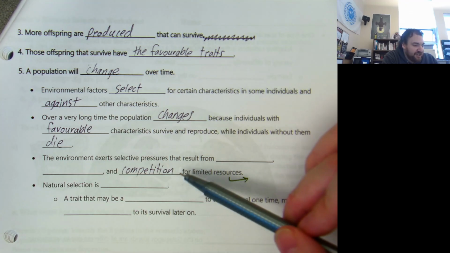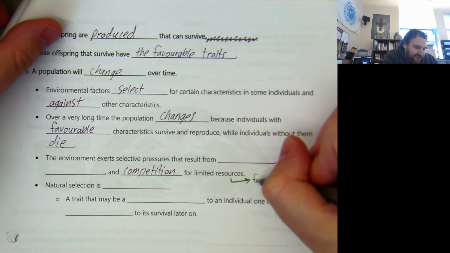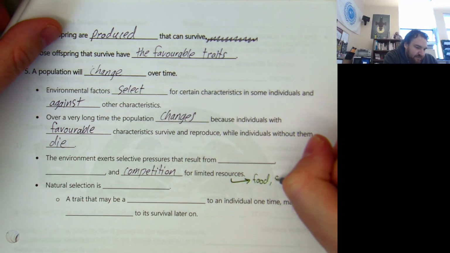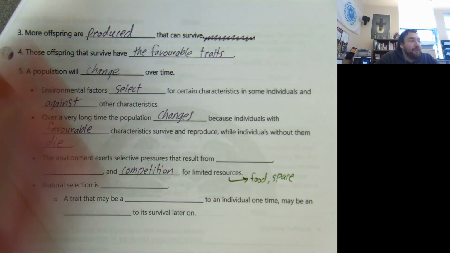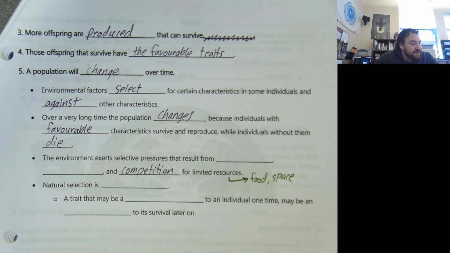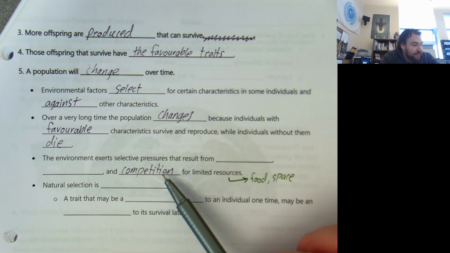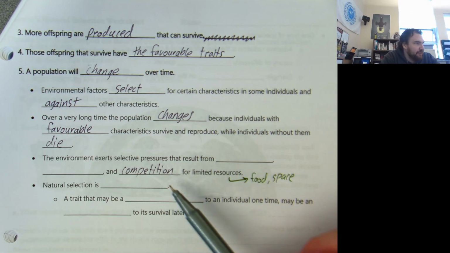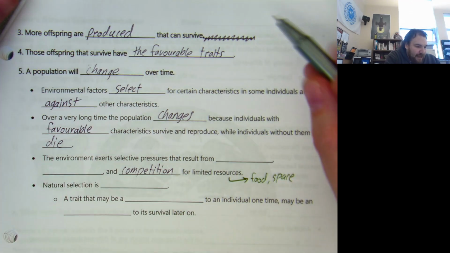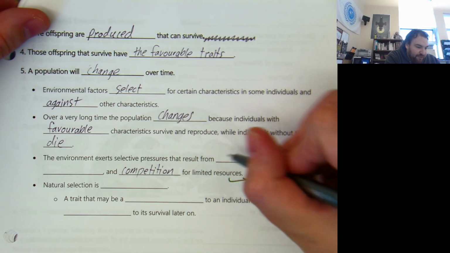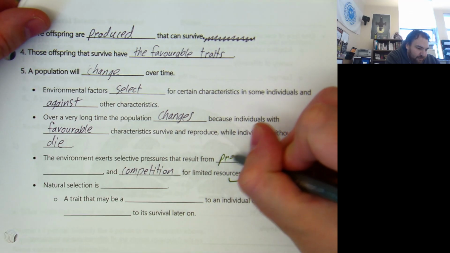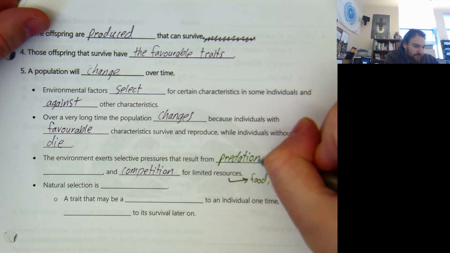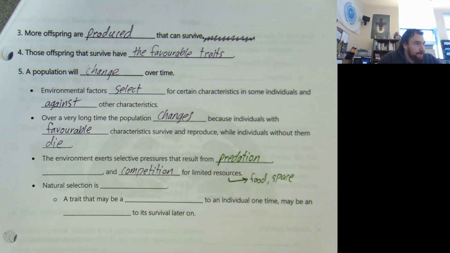So with limited resources, we're talking about things like food and space, how you compete, and a lot of these adaptations that we're talking about are related to competition. Selective pressures also result from predation. These are the things like the chameleon can change its color.